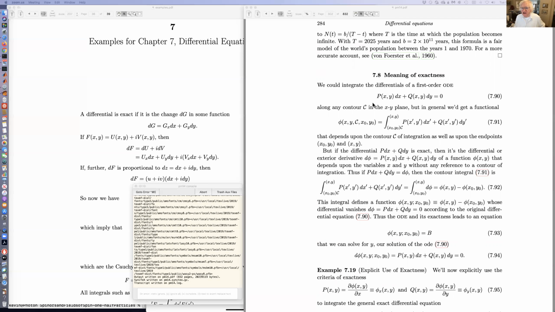The meaning of exactness: if you have an exact differential equation, then this left-hand side is the differential of something, and the differential equation says that the something is a constant and has vanishing differential everywhere.